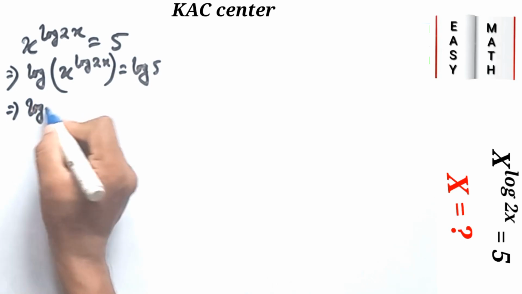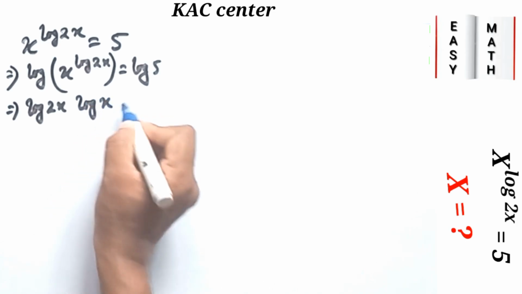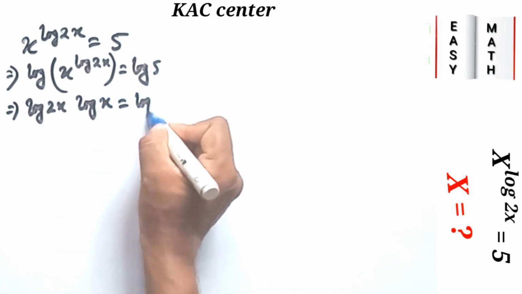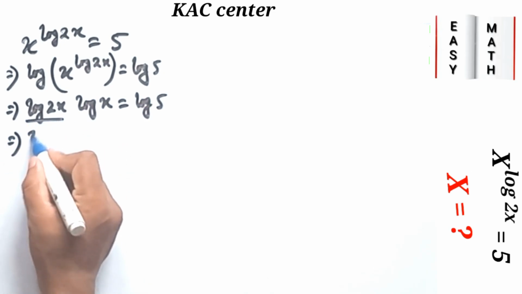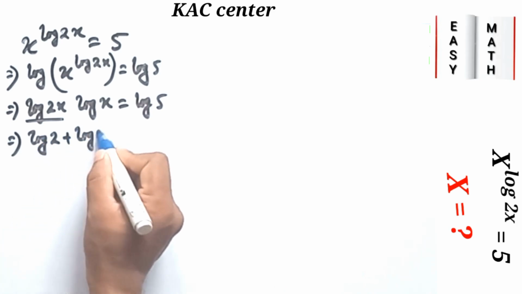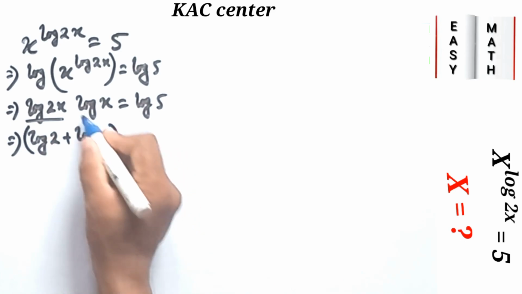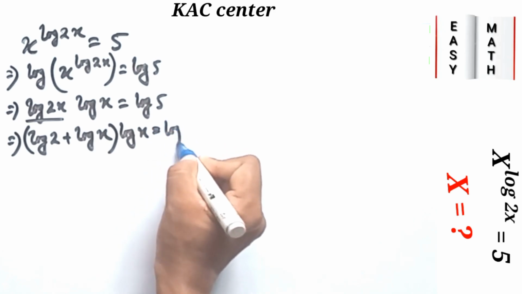So log 2x, and this is log x, is log 5. And this log 2x we can write as log 2 plus log x, and this is log x, and this is log 5.